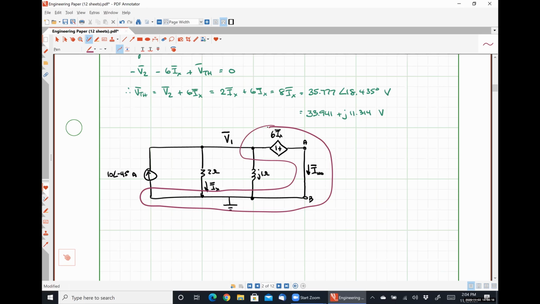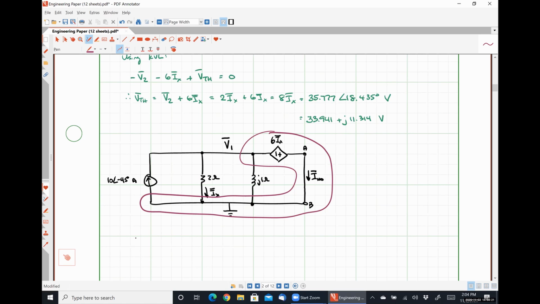So my voltage relationship is V1 is equal to negative 6 Ix, right? The voltage at the positive polarity terminal of my dependent source is 0, so I'm going to have 0 minus V1 is equal to 6 Ix, or V1 is equal to negative 6 Ix. Everybody okay with my relationship there?